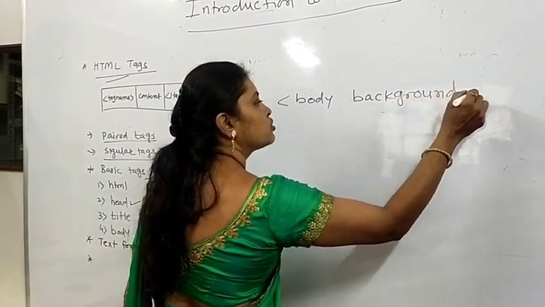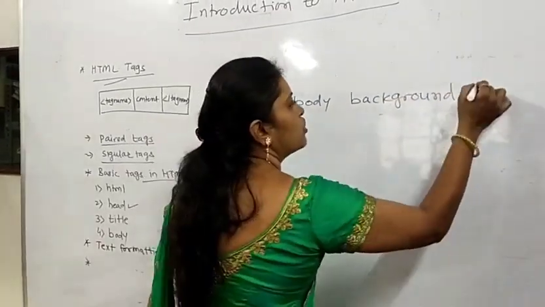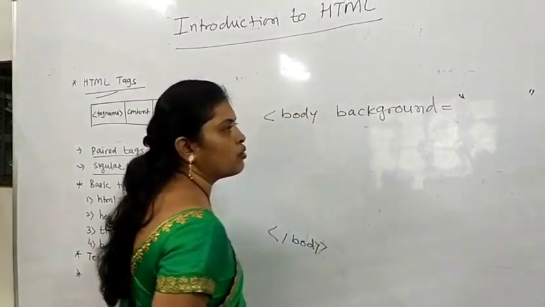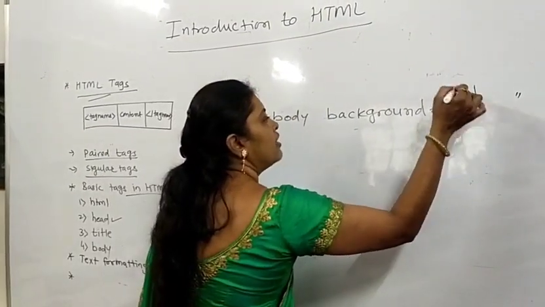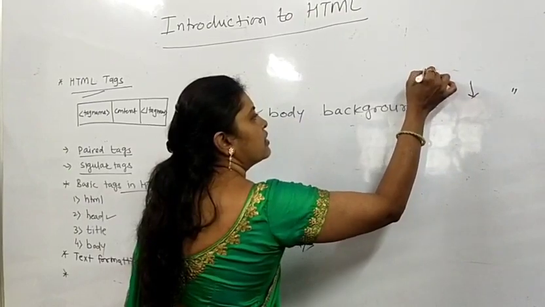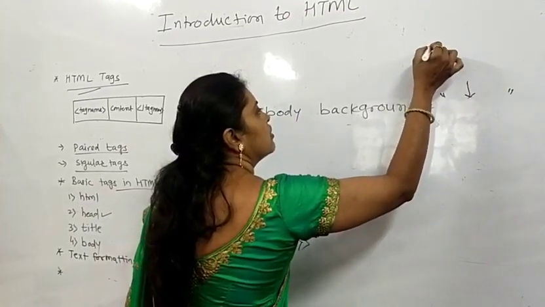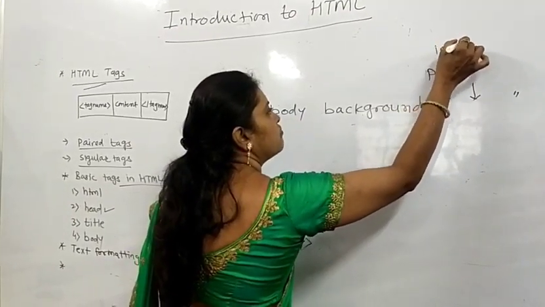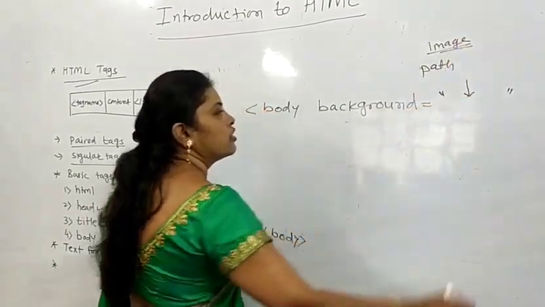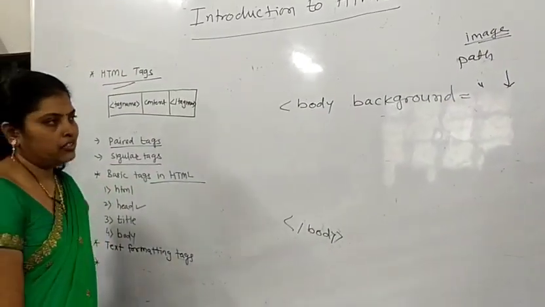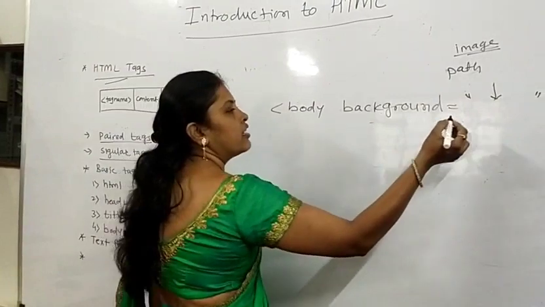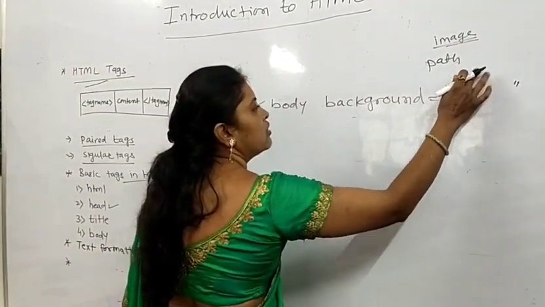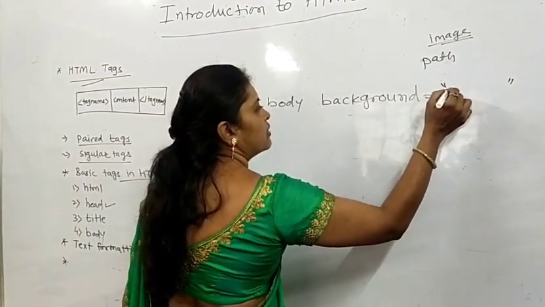Background is used to set the background image of your web page or the body tag. Here you have to write down the path of the image file which you want to include within your web page.